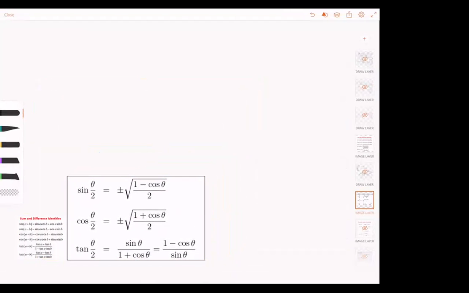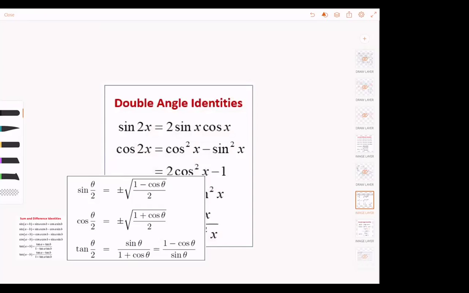Good. And there are more formulas. I might give you guys another set of formulas by Friday, but what about double angle? This guy is a double angle.